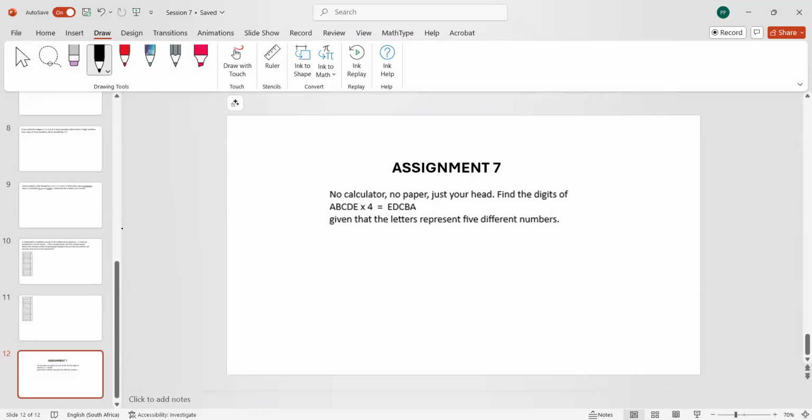So when you multiply this by 4, this 5-digit number, you're still going to land up with a 5-digit number. So you have to ask yourself, what are the possible values for A? See? And then you'll see that A has got only one possibility. Put the value of A in, and then now you got 1 down, 4 to go, and keep using your logic to eventually get to the final answer. All right. So have fun.